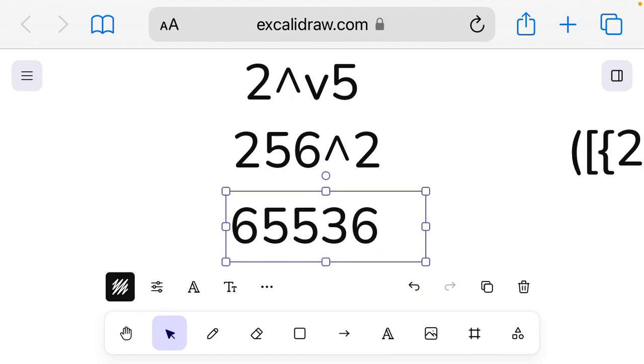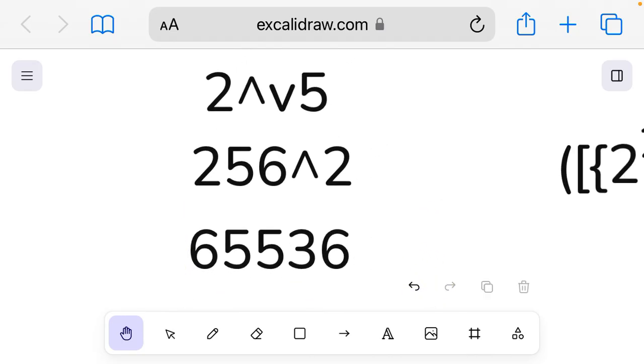So yeah, that's the answer to 256 squared. And if you want to check the 2 squared by 3 digits, I don't have a video of mine, but you can check other YouTube channels if you want.